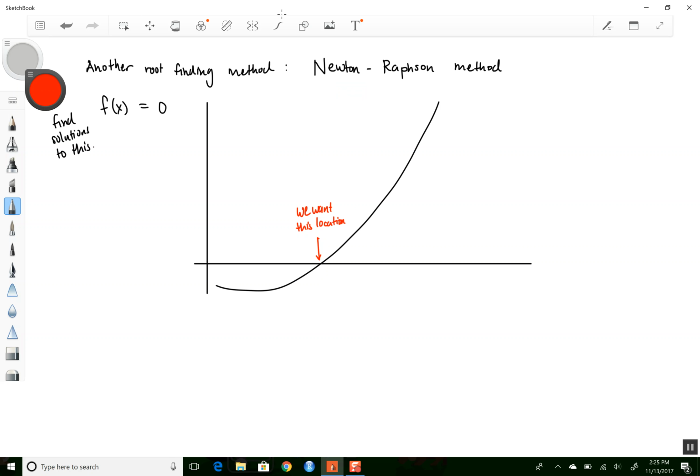All right, so let's say we start somewhere, okay? Let's say this is going to be our x0. What we do this time is we go up and we say, okay, well here is f of x0. F of x0 is right here.